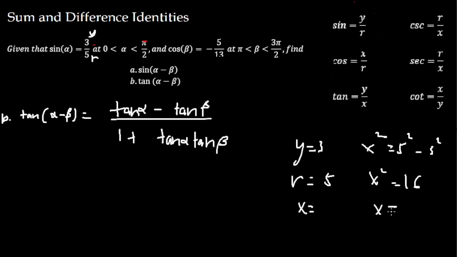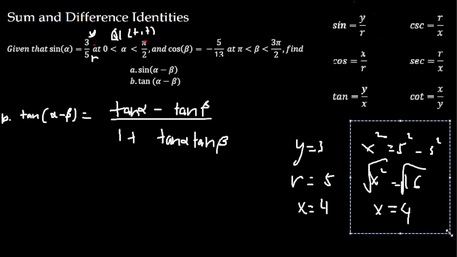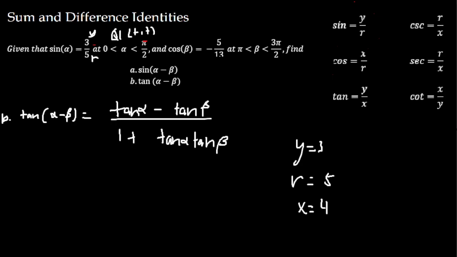X is equal to 4. And since it's located in quadrant 1, the signs there are positive and positive. So our x is equal to positive 4. So we just erase those. So we already have x.